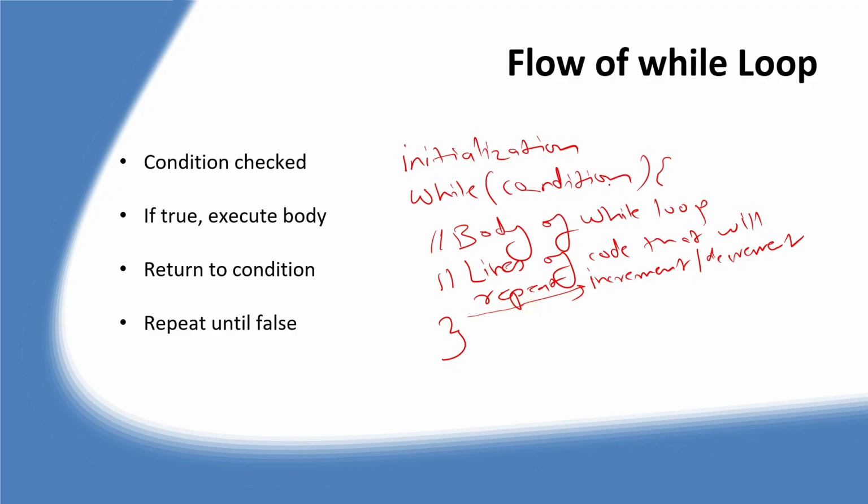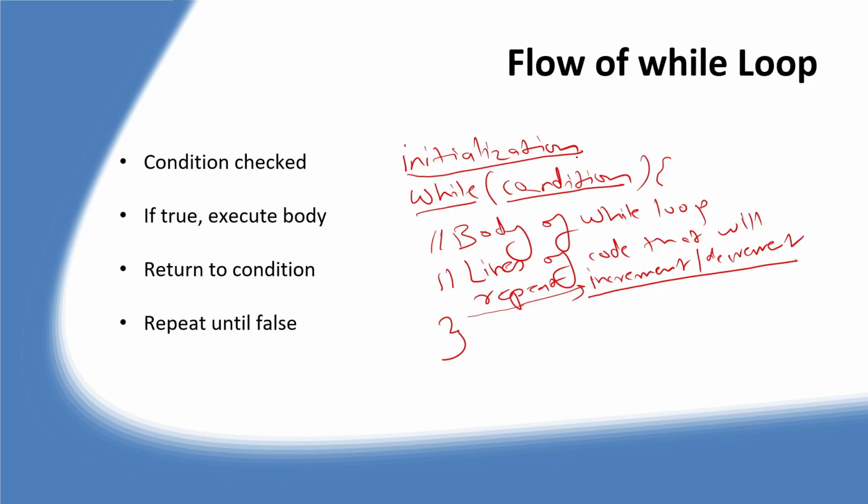As we have seen the three components in for loop, the same three components, that is initialization, condition and increment or decrement, persist in while loop. But the places are different.